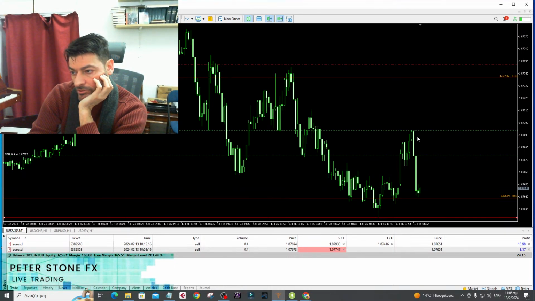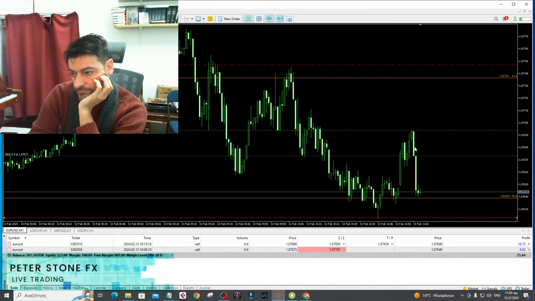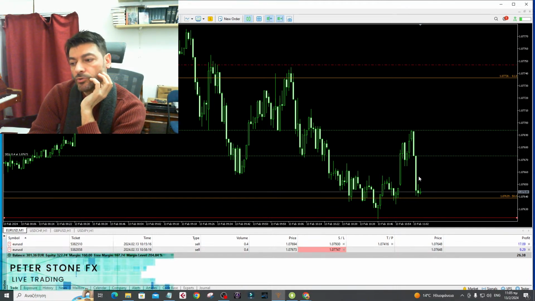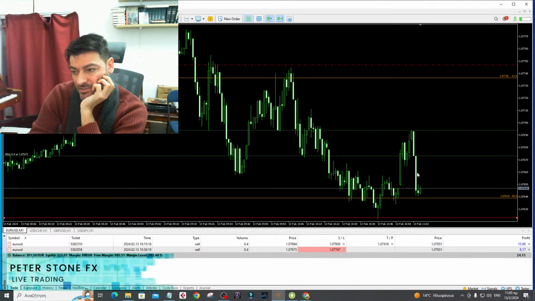So this looks like a Judas swing actually. Yep. It could go up and then hit the mid threshold of here and then go down.